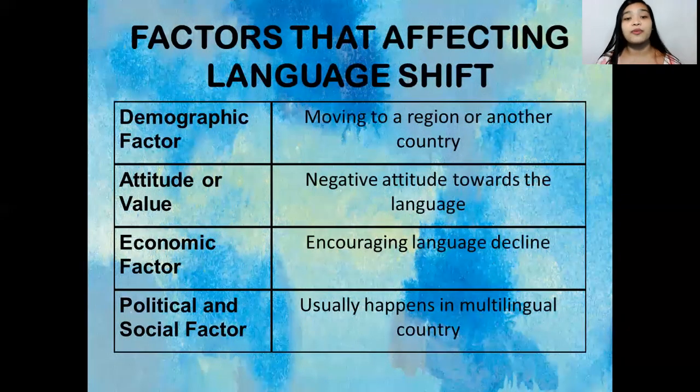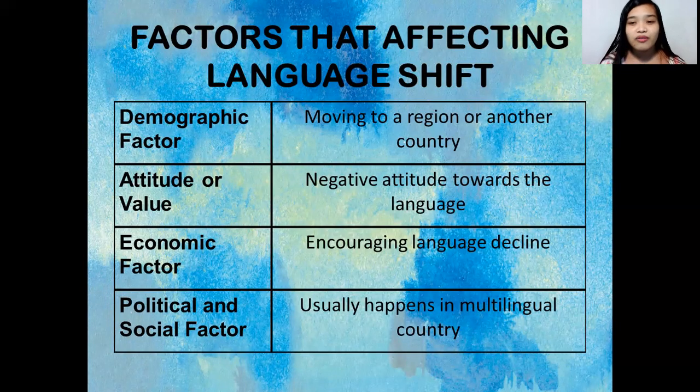The first one is the demographic factor, just like what I said from the very beginning. Moving to a region or another country is one of the great causes of language shift. For example, the Gaelic language in Scotland was transferred into English, because we all know that English is the universal language.